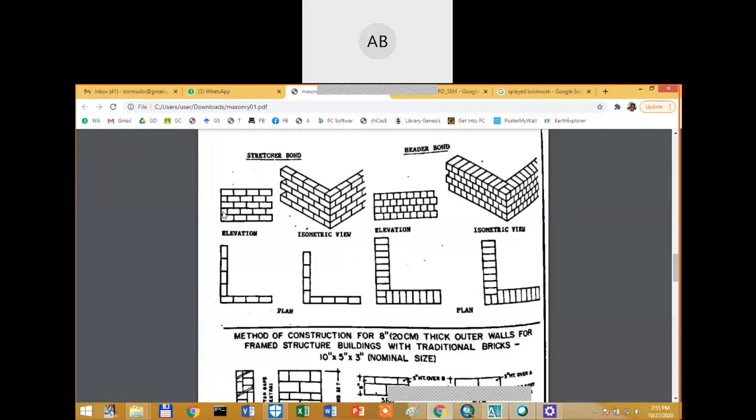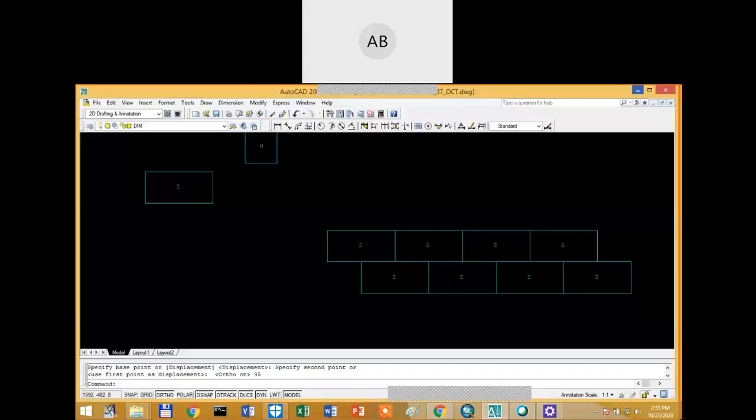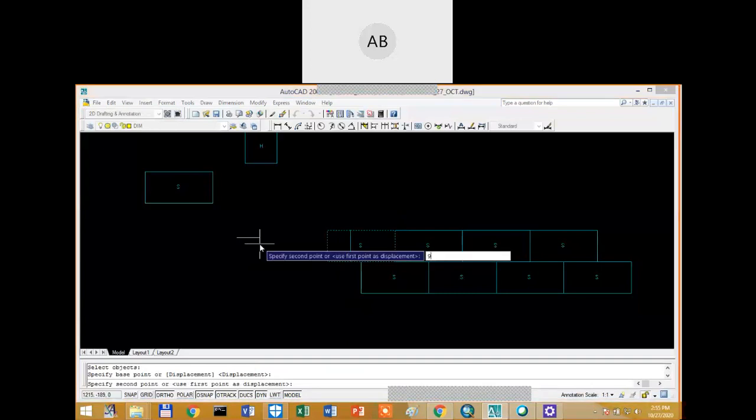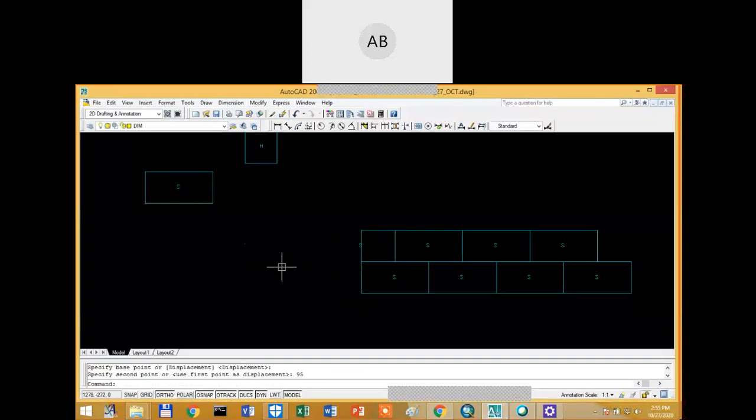Look at this brick at the corner, right? I can stretch this brick in AutoCAD by using S for the stretch command. Then how much should I stretch? 95 millimeter.